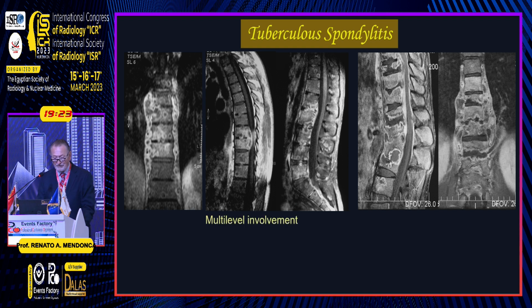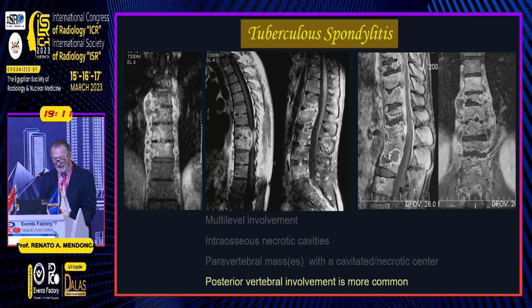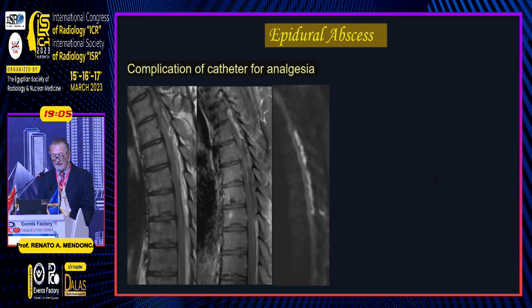Tuberculosis is more frequently multi-level involvement, with intraosseous necrotic cavities, paravertebral masses with cavitated and necrotic centers, and posterior involvement is more common than with pyogenic spondylodiscitis.